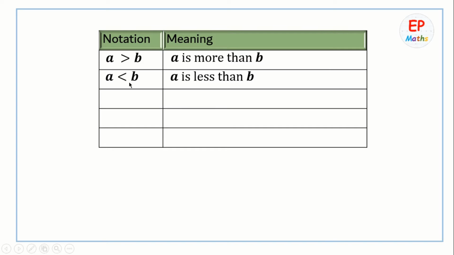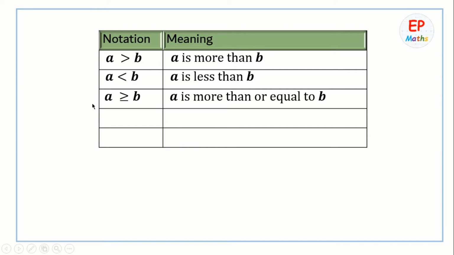Now for this case, we can read this as A is less than B, or A is smaller than B, or A is fewer than B.